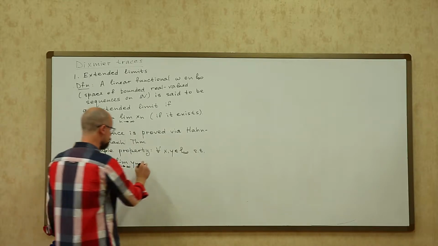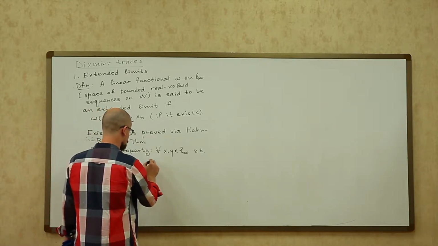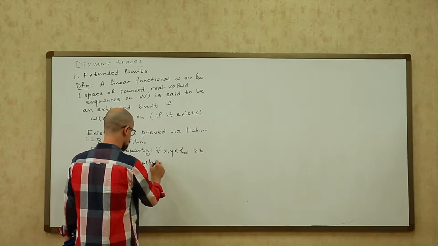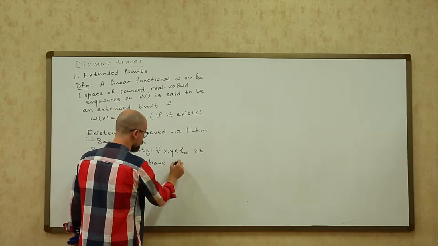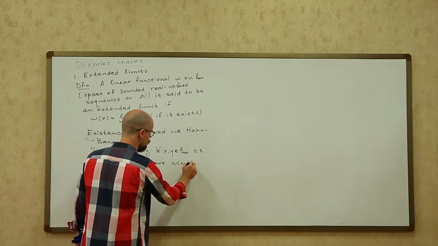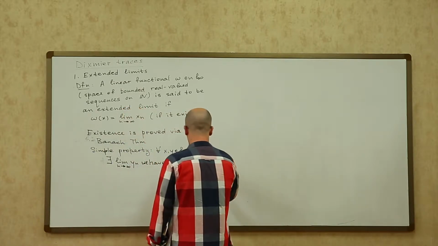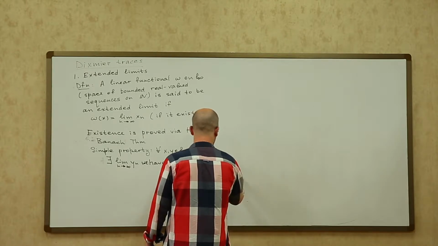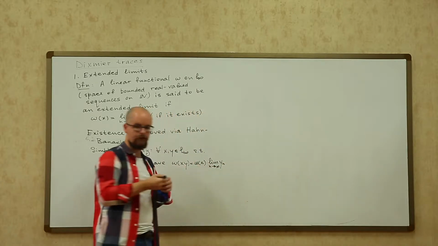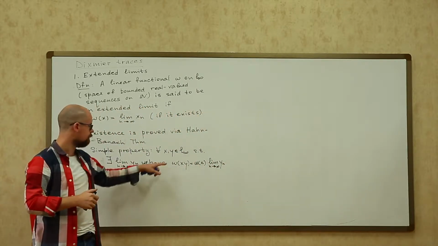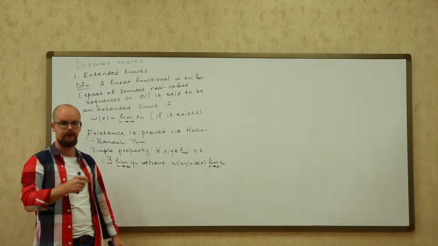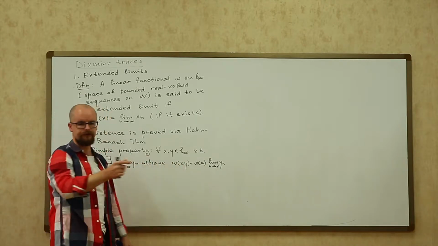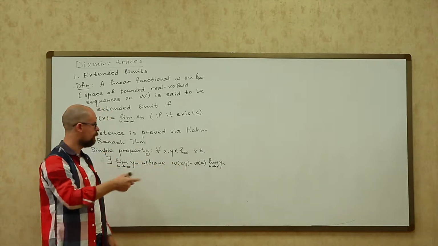Then for every extended limit omega we have omega of the product xy equals omega of y times the limit of x. So if we have a product of two sequences and we apply the extended limit to it, then the sequence which is convergent can be factored out with its limit.